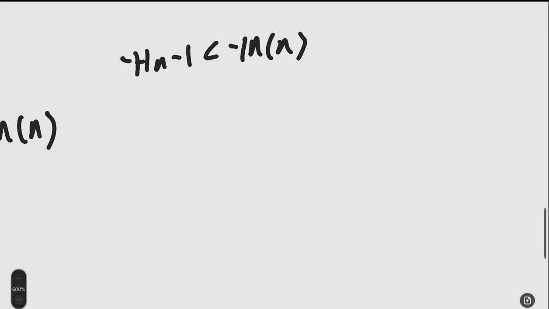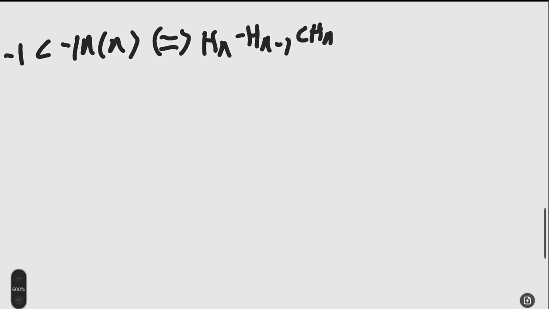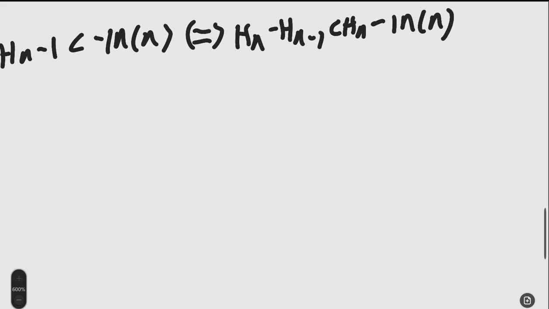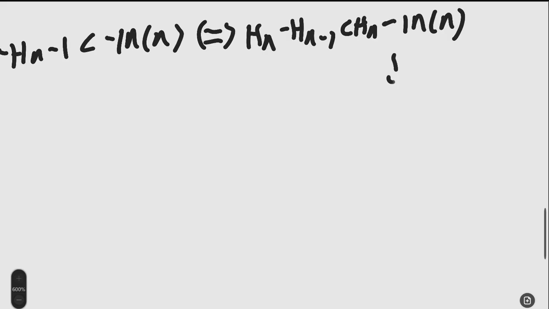And so we have H_n minus H_(n minus 1) is less than H_n minus ln of n. Right? And this right here is nothing but gamma_n.